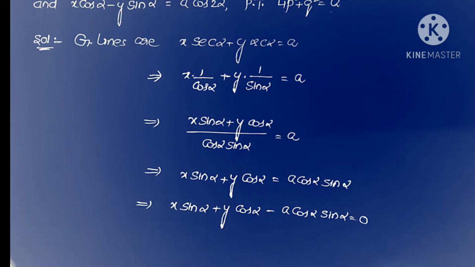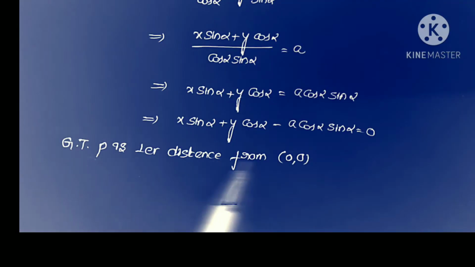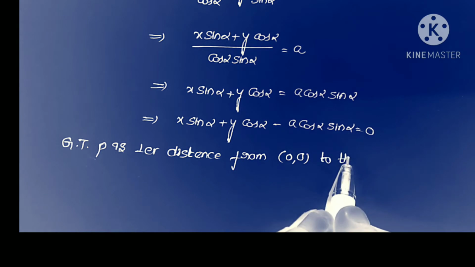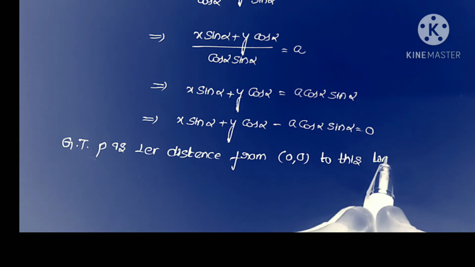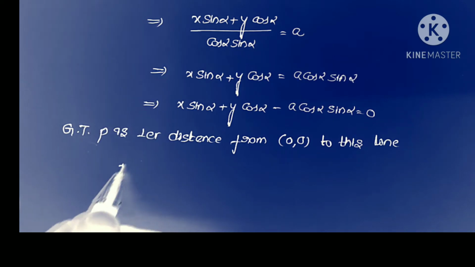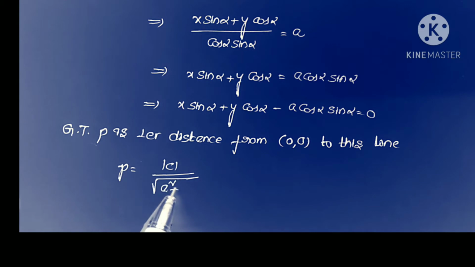Now what is the given data? p is the perpendicular distance from the origin to the first line. Given that p is the perpendicular distance from (0, 0) to this line. Now what is the formula for the perpendicular distance from the origin to a line? The formula is: p is equal to mod c by square root of a square plus b square.